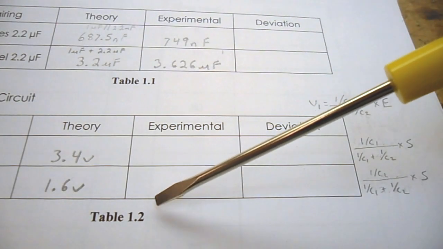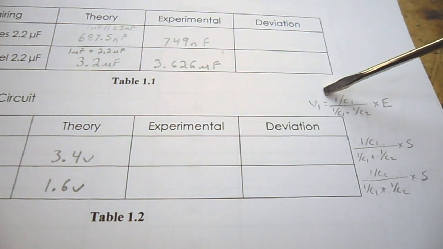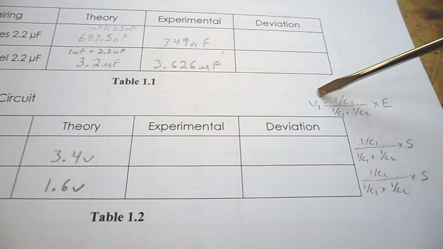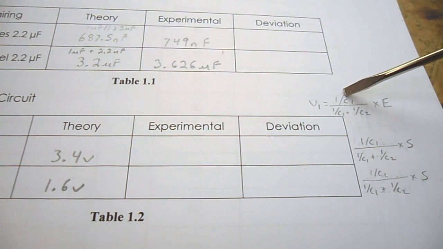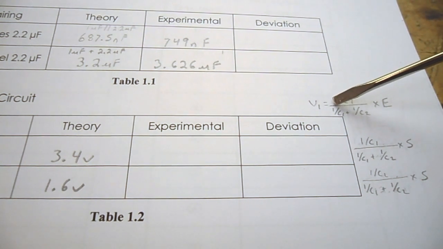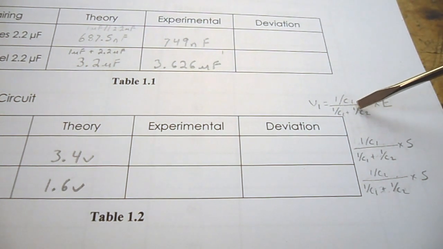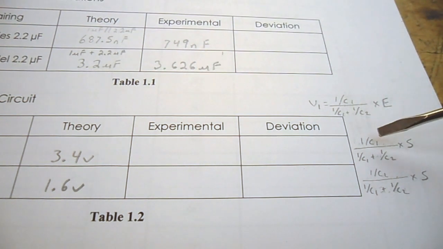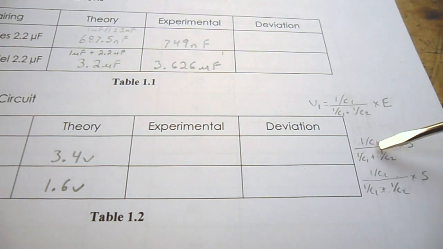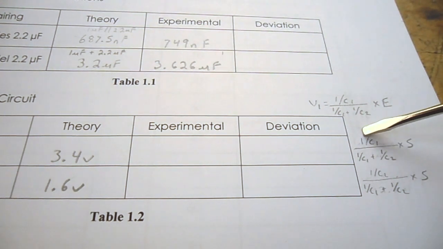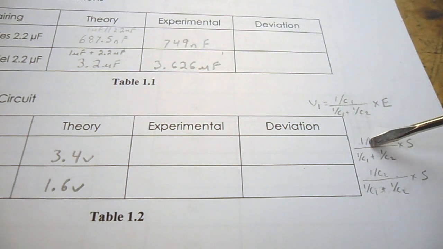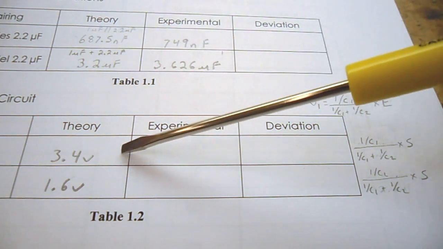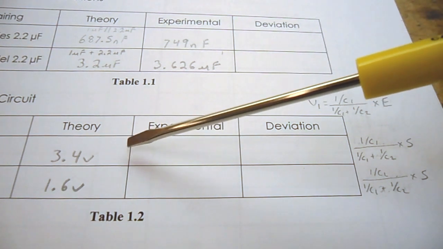So in table 1.2, checking my textbook for the formula, V1 is equal to 1 over C1 divided by 1 over C1 plus 1 over C2, times the applied voltage. So the voltage across capacitor 1 is 1 over C1 divided by 1 over C1 plus 1 over C2, times 5 volts, and that works out to 3.4 volts.